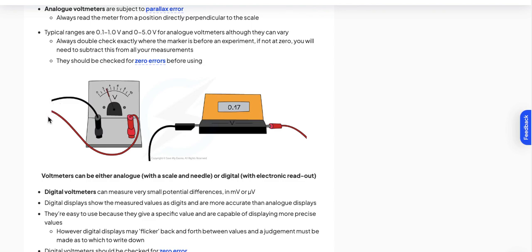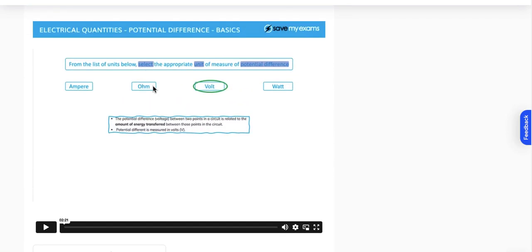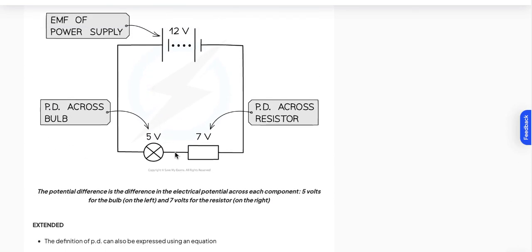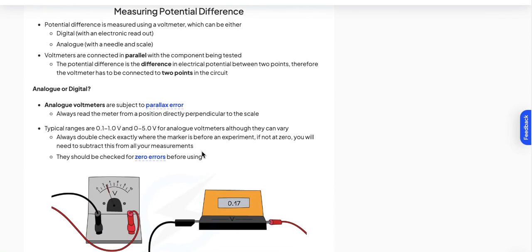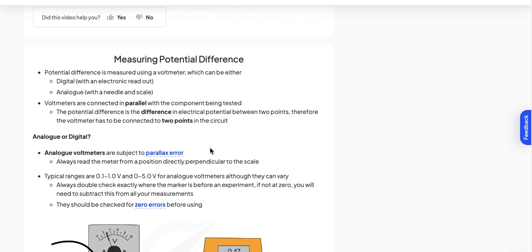You connect one wire to one side of the bulb, and the second wire to the other side of the bulb. Then it will be in parallel. So the voltmeter will measure the voltage across the component or across the battery.